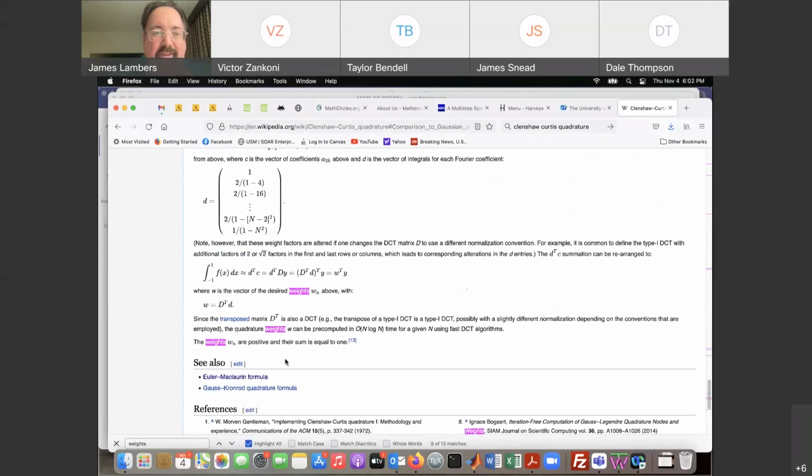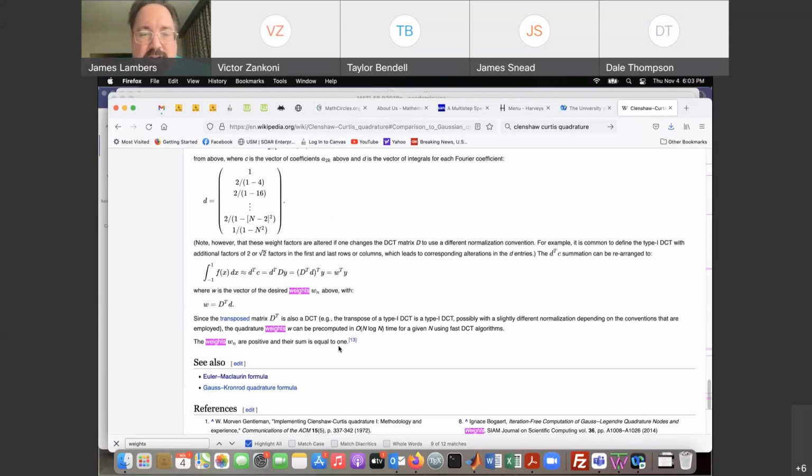So this is interesting. I think I might have mentioned in class last time that the weights are supposed to be positive, and theoretically, yes. Sure enough, there's a formula here for weights, and this can be accomplished because of the nice properties that Chebyshev polynomials have.